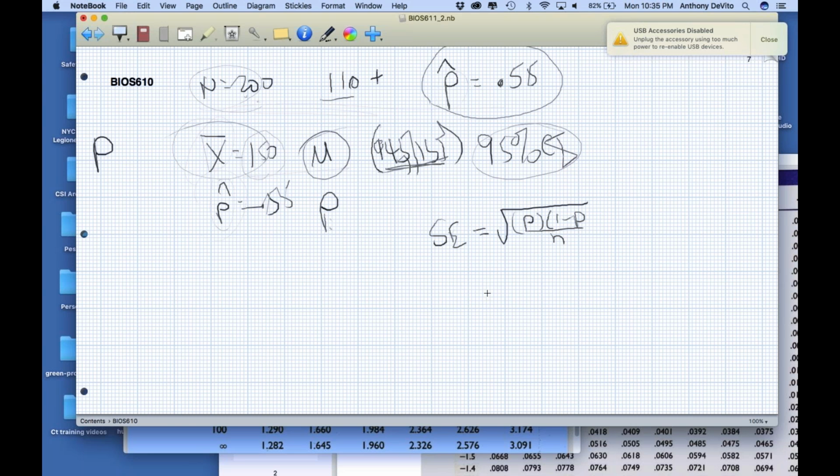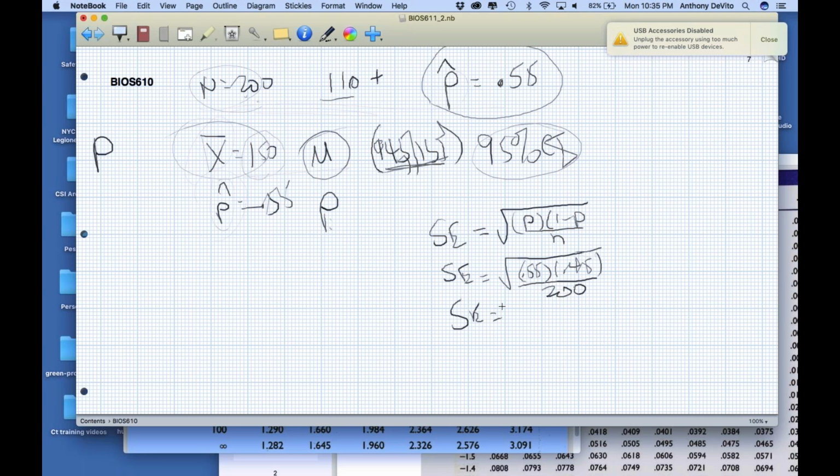So what does that make our standard error? It's equal to the square root of 0.55 times 0.45 over the sample size, which was 200. Let's calculate that out.